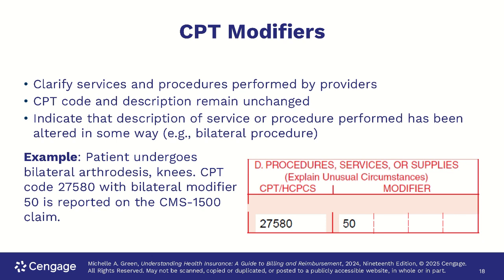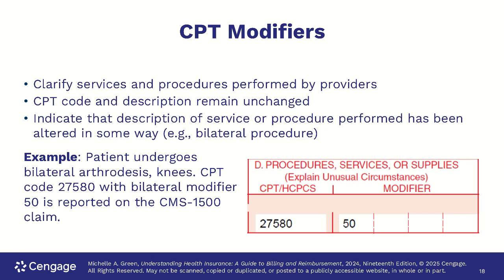One of the things that I absolutely love about the insurance book is that it really goes into some examples, visuals of what it's going to look like on the claim form. So here's an example of a scenario where a patient went through a procedure called an arthrodesis, and it was bilateral.